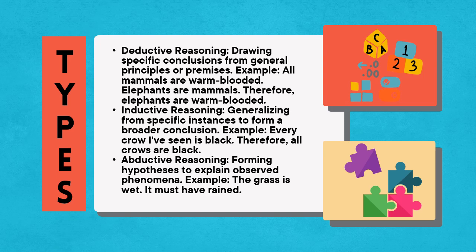This is deductive reasoning. This is how you draw a conclusion. That one is that all mammals are warm blooded, right? And second is elephants are mammals, therefore elephants are warm blooded. So this is how we drew the conclusion that yes, elephants are warm blooded. I hope this is clear.